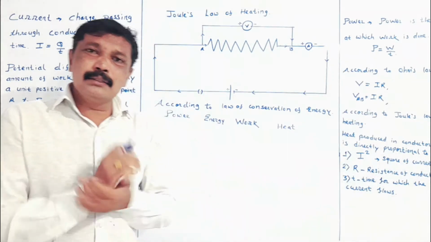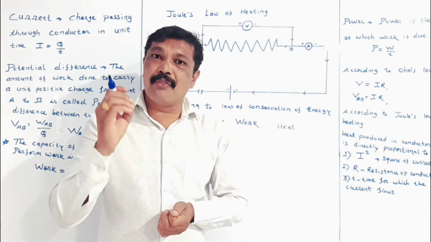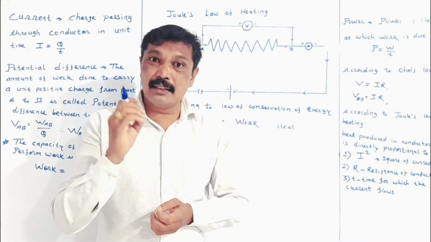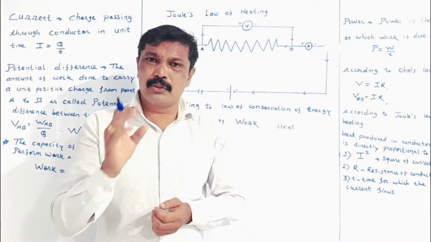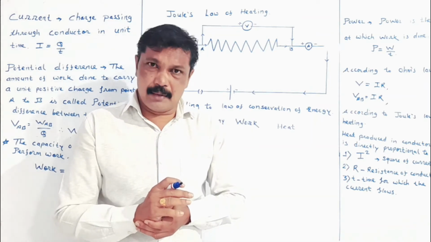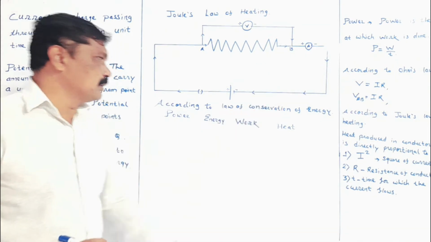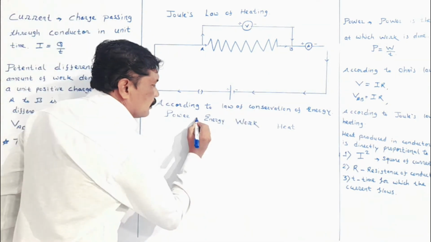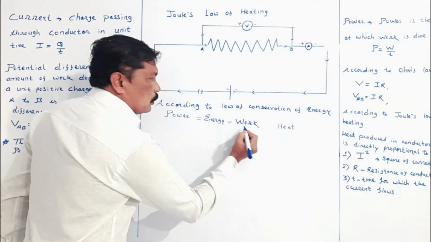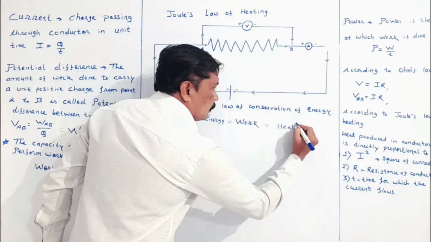and we have to understand each and every terminology carefully. My dear student, in 9th standard you have also studied the law of conservation of energy. According to the law of conservation of energy, energy cannot be created, cannot be destroyed, but the total amount of energy remains the same. So here, power will be equal to energy, energy will be equal to work, and work will be equal to heat.